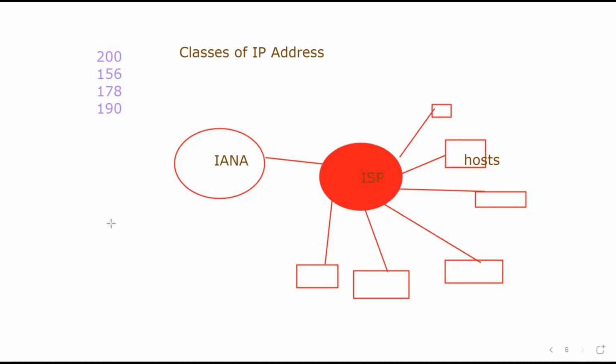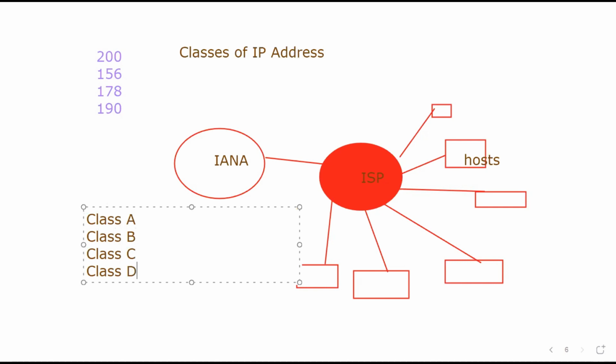Right? So our IP address is divided into some classes: class A, class B, class C, class D, and class E.